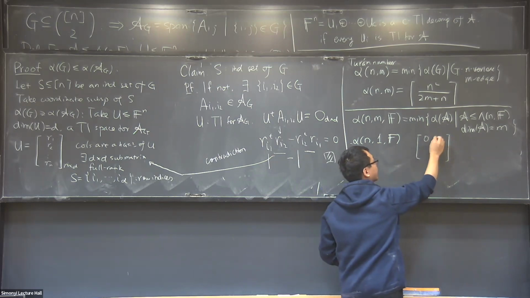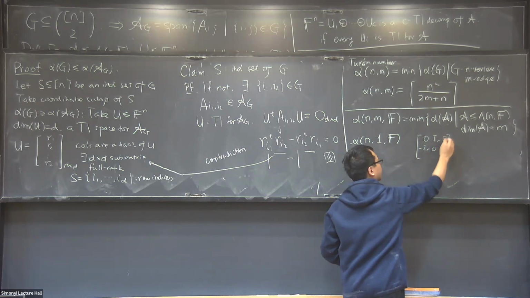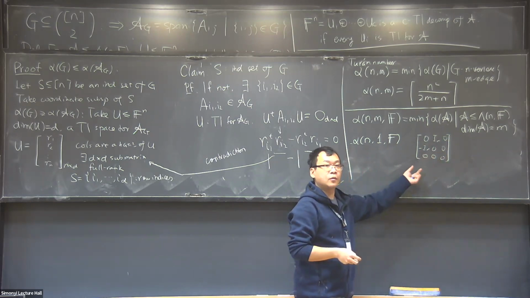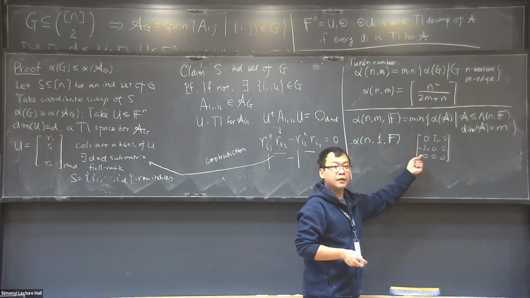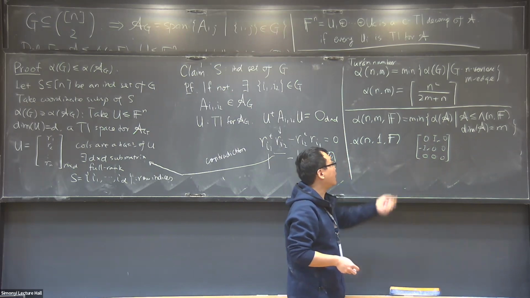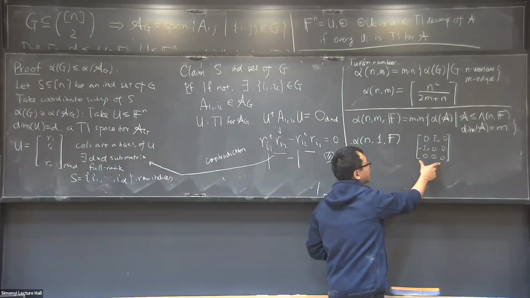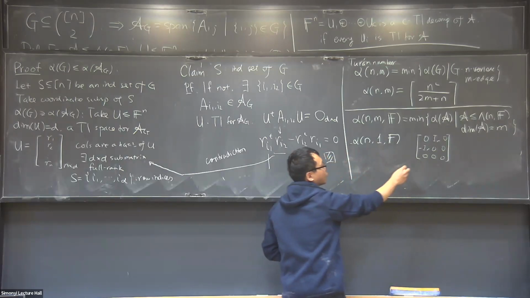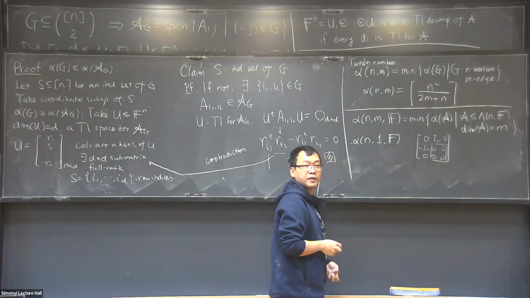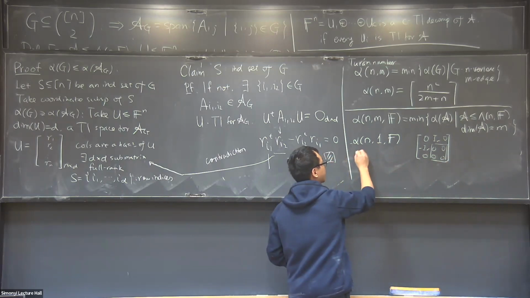That's classical linear algebra. Because its rank is even, maybe the rank is 2r, you can always bring it to this format. So this is alpha(n, 1, F). Because of this canonical form, there should always exist some large totally isotropic space, essentially n over 2.